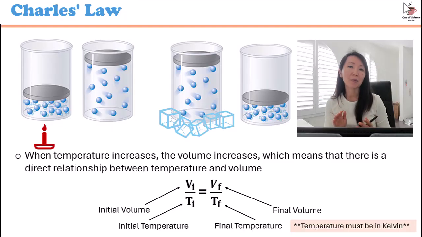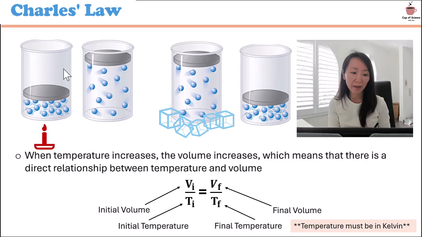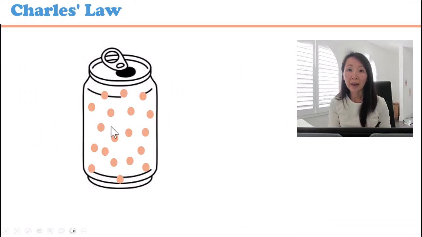Let me explain what just happened there. So you had a can, and that can had water molecules, and those water molecules were all gas. Initially, it was just liquid water, and then what I did was I put it under very high heat, and so heat was added.